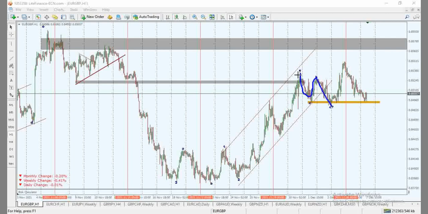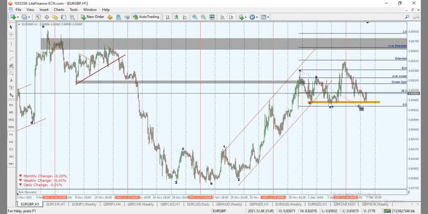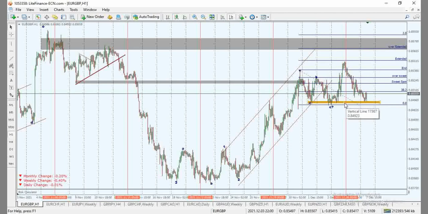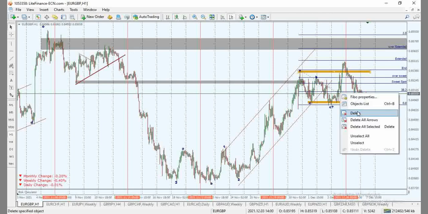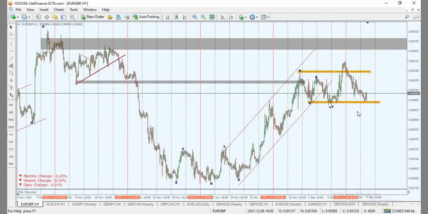So this could also be an ABC for a flat A, B, because this fits the characteristics of a B. It's not retraced far out of the A leg, so it fits what could be an irregular flat, or could also turn out to be an extended flat.